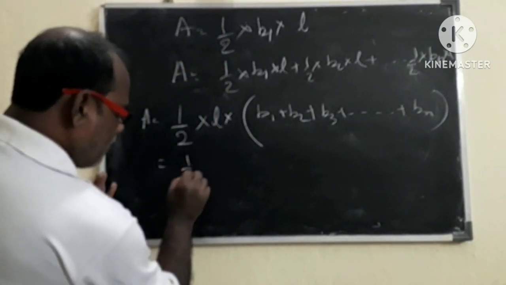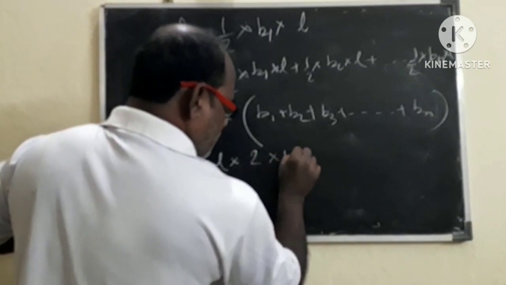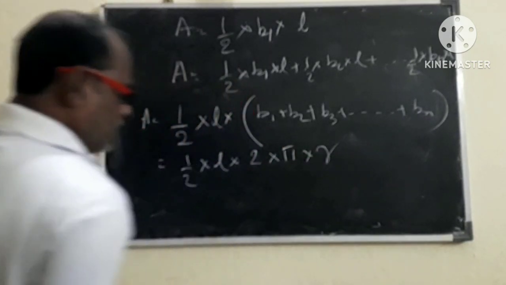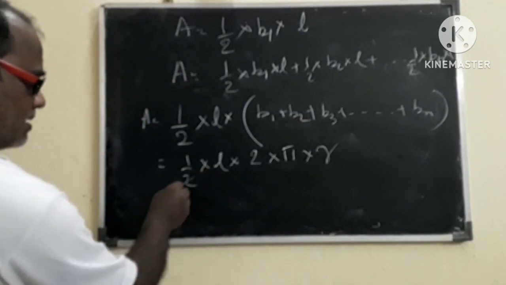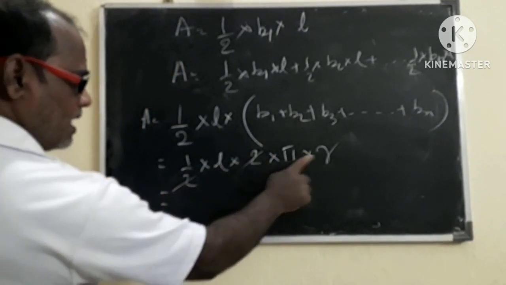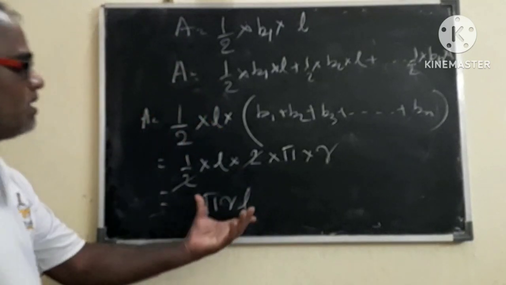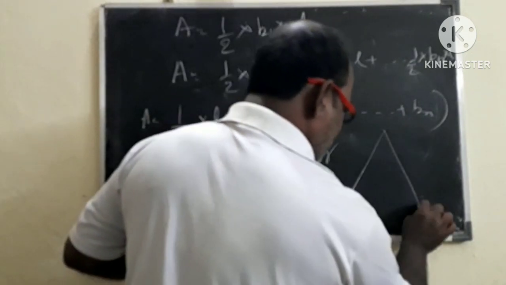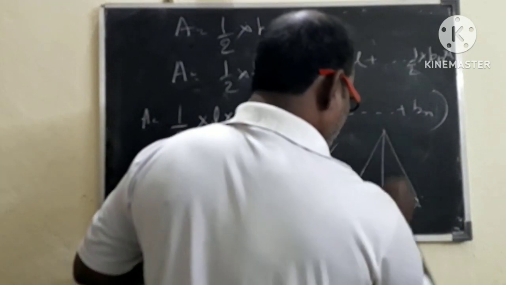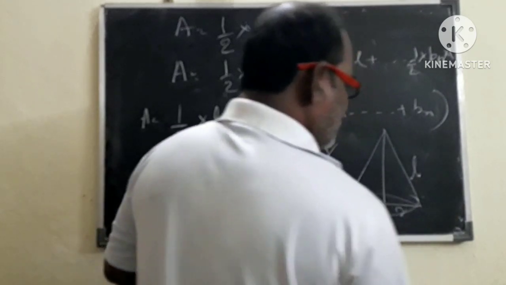That is half into L into 2 into pi into r, where r is the radius of the circle. Now let us cancel this. So finally what we get? Pi r L. So this is the curved surface area of any cone having radius r and L is the slant height.